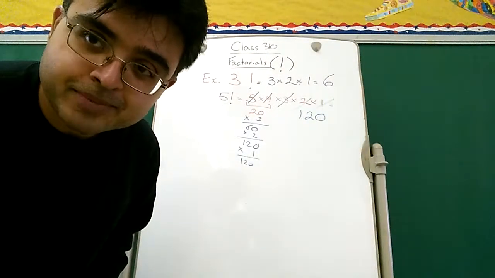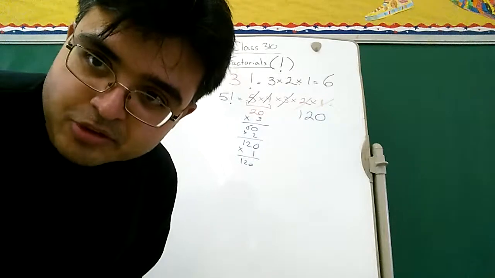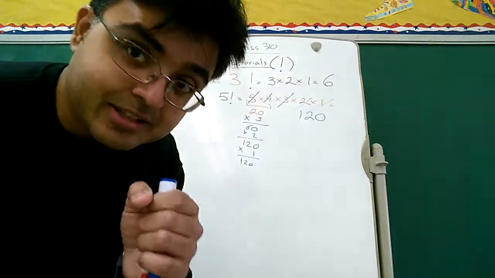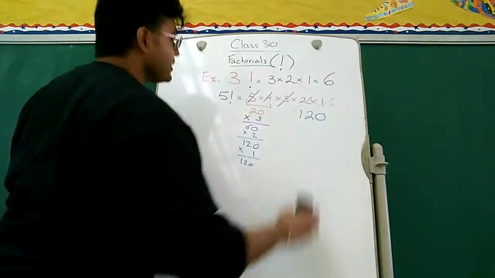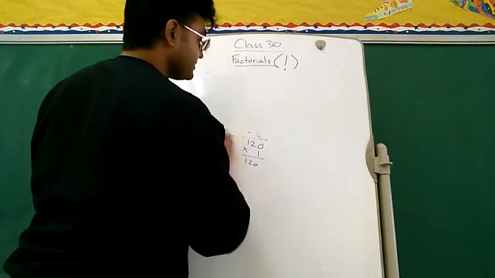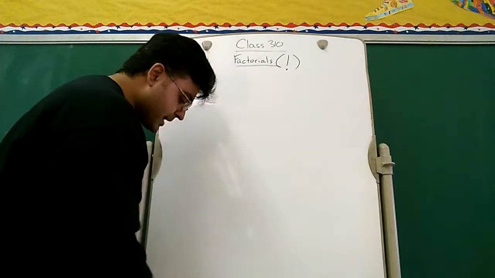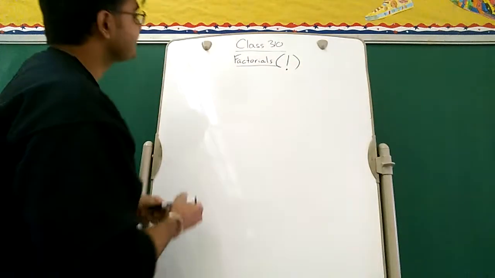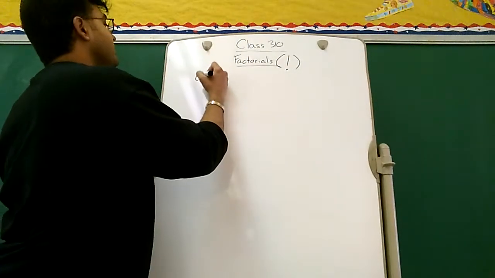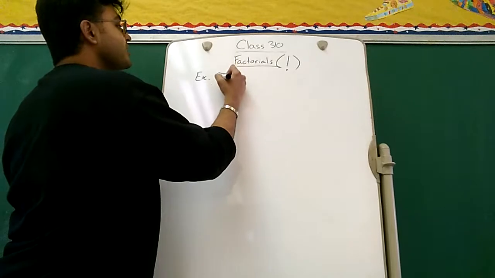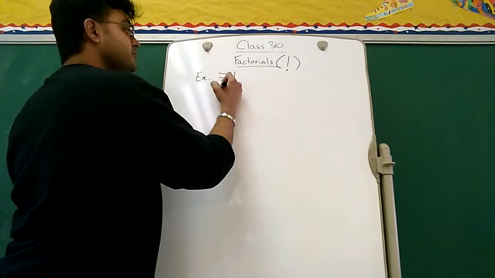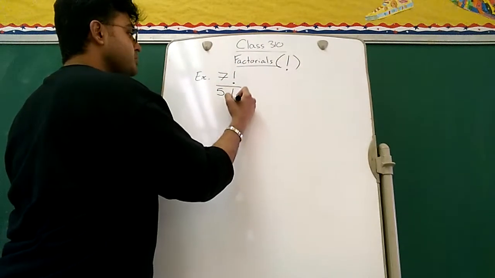Basic factorial. Let me also show you how to divide factorials. Very easy, and it's actually a pretty fun thing to do. Let me show you right now. Let's take, for example, 7 factorial divided by 5 factorial.